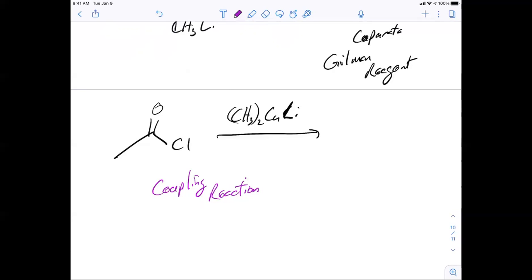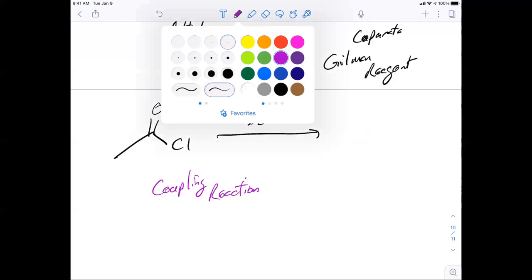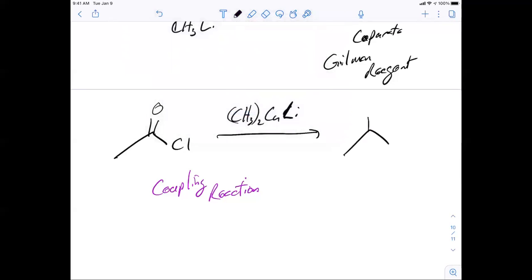So therefore, think about what they're going to do. If you had two train cars, how do you attach the two train cars? You couple them together, right? So what's attached to the Gilman reagent and where the chloride is, we're going to couple those two things together. So if I have a methyl attached to my Gilman, I'm going to substitute or couple where that chloride was, right?